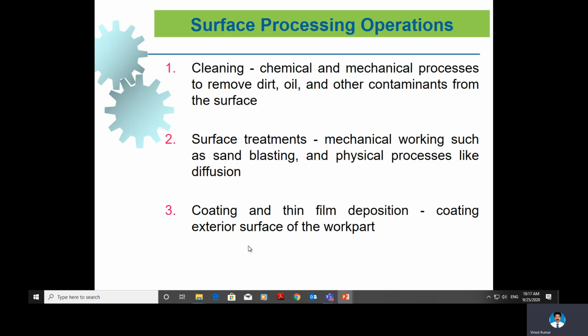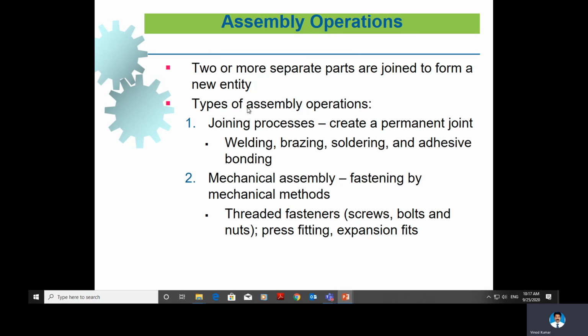These are shaping processes. Then there is surface finishing, basically cleaning and surface treatments like sandblasting, which involves diffusion. We produce certain surface quality using these processes. We apply certain coatings to improve the appearance or the surface finishing characteristics. So these are called surface processing operations. Then we have the second category, assembly operations. We have two parts.